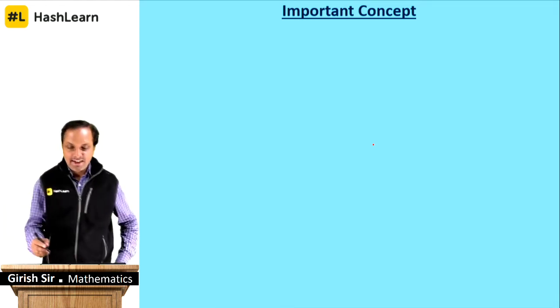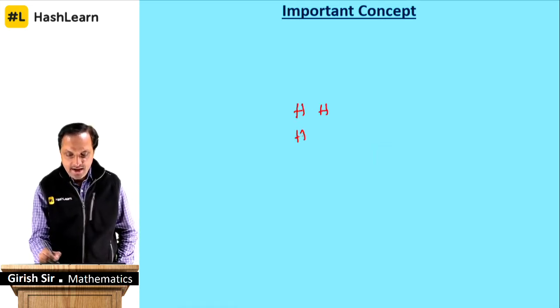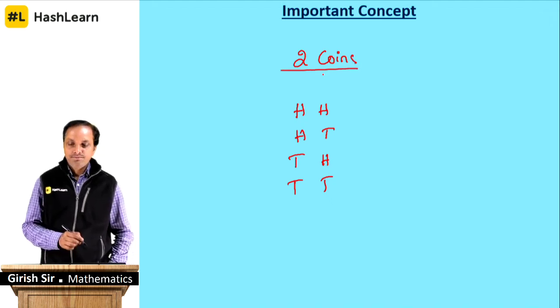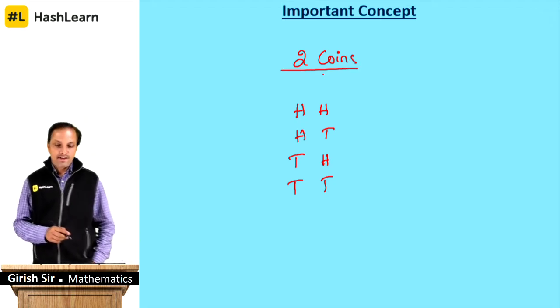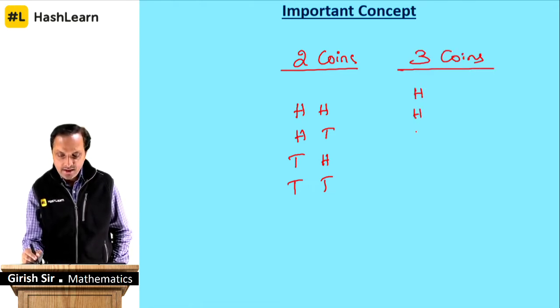And if you toss two coins, what possible cases can there be? Head head, head tail, tail head, tail tail. This is when you toss two coins. Suppose if you toss 3 coins, head head head.